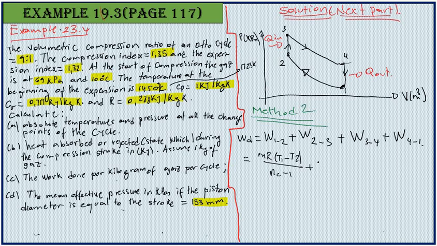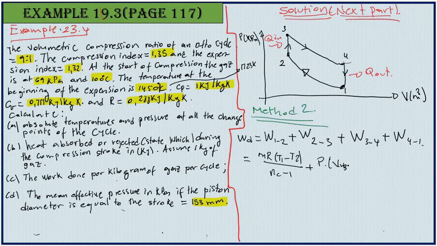Because we know that W for an isochoric process is given by the pressure multiplied by the change in volume.